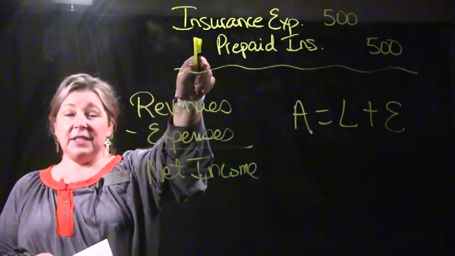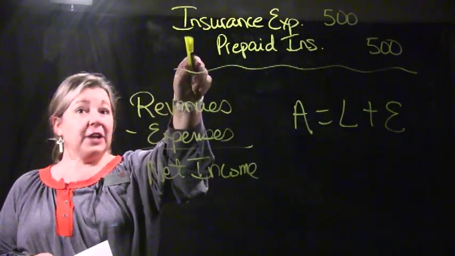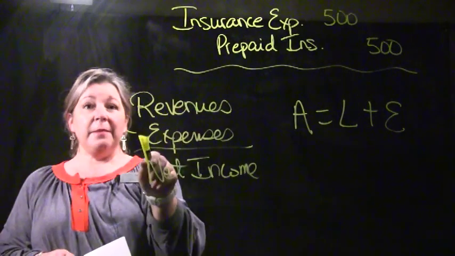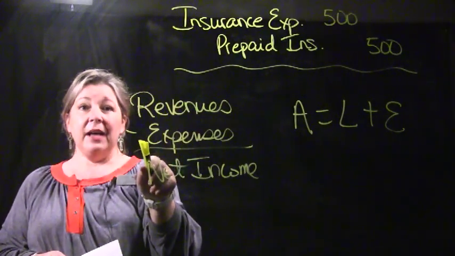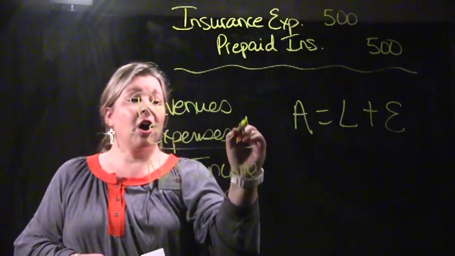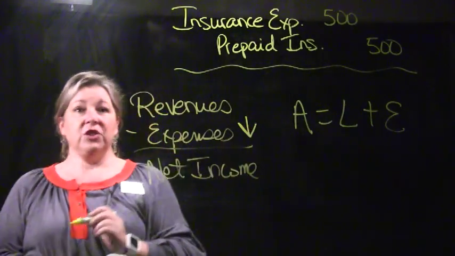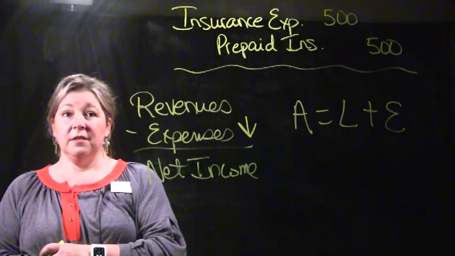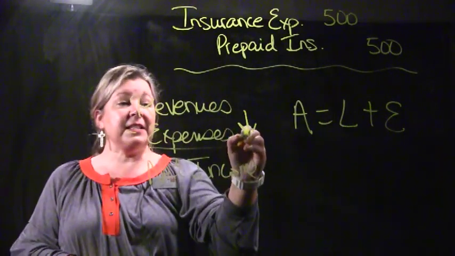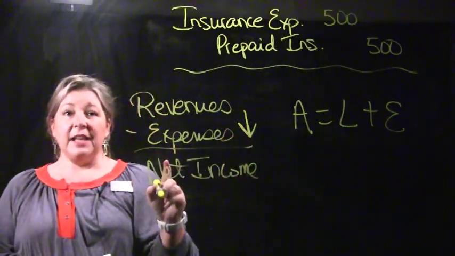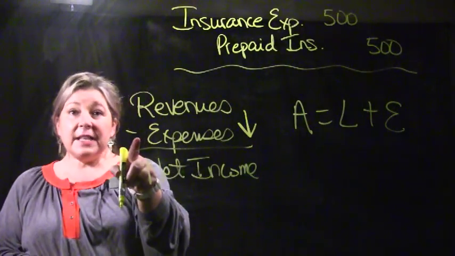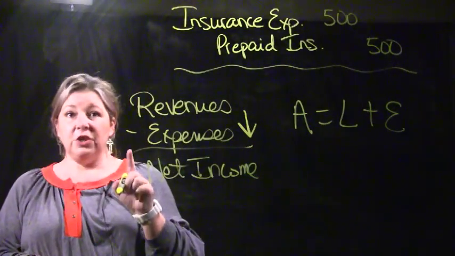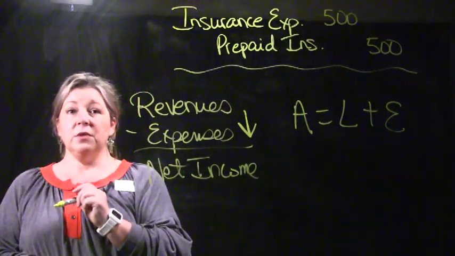I was increasing it. And since I forgot to increase it, that means my expenses on my income statement are lower than they should have been. They are understated. If expenses are understated, then I'm subtracting a smaller number than I should be from revenues.